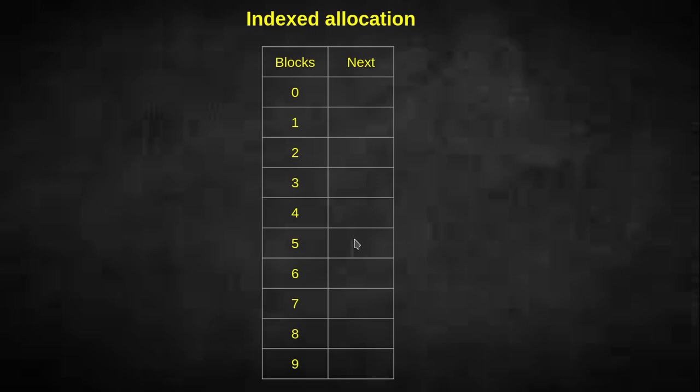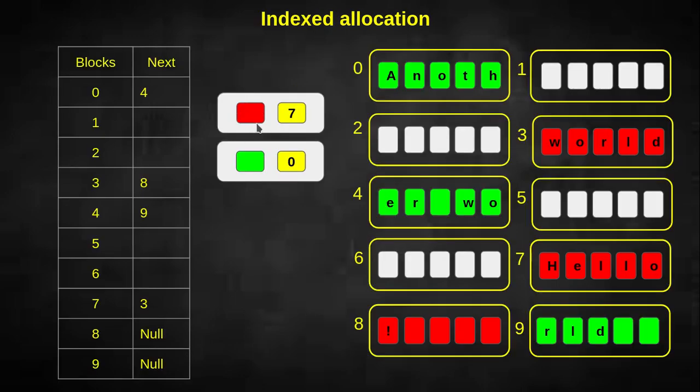Let me give you a quick example of how this works. Like I said earlier, all our file knows is the starting block, and the starting block is 7. So this 7 has access to the index here. In the index, the next block after 7 is 3.